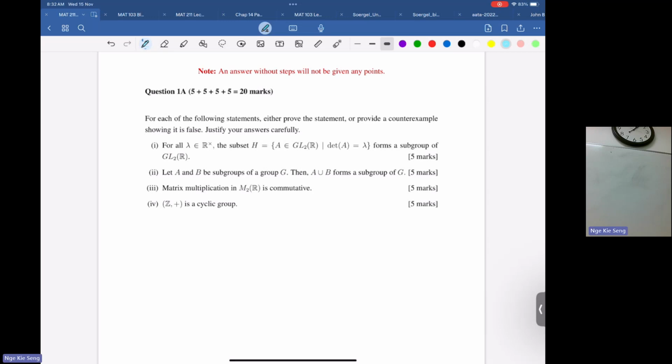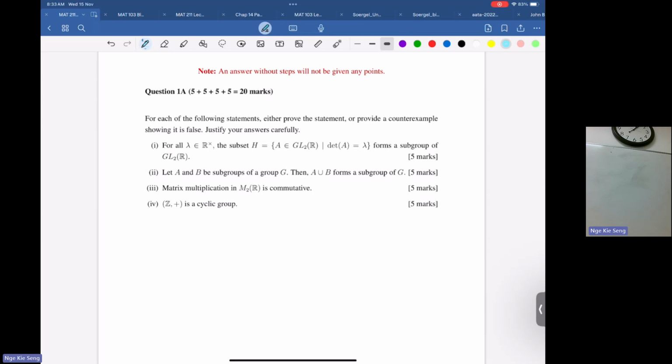Question 2: Let A and B be subgroups of a group G, then A union B forms a subgroup of G. A lot of you managed to see that this is an assignment question, but the assignment asks you to prove that this is not true. I just ask you to show that it is not true, meaning you just give a counter example.